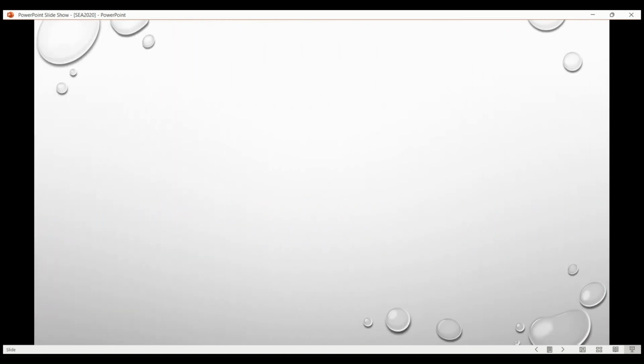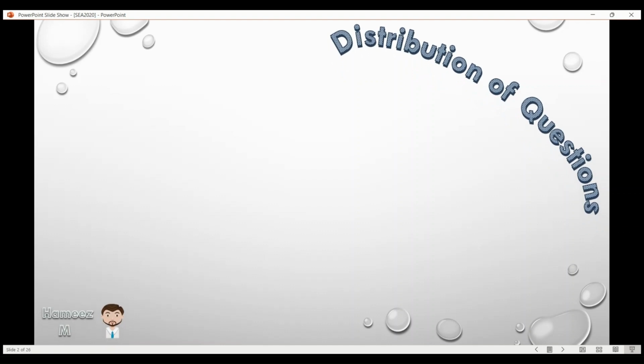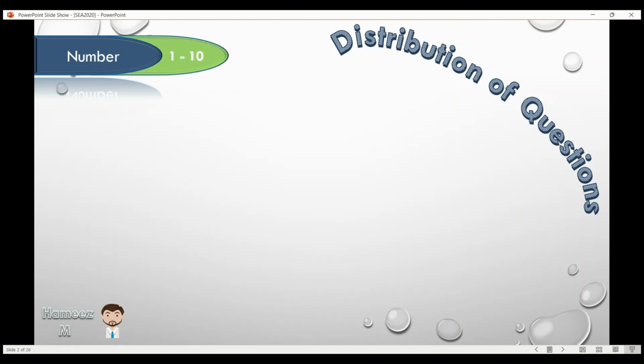We now look at the distribution of questions in section 1 with these 20 questions. The first 10 questions were based on number, which takes up half of section 1. Recall that the syllabus is split into 4 strands in mathematics.